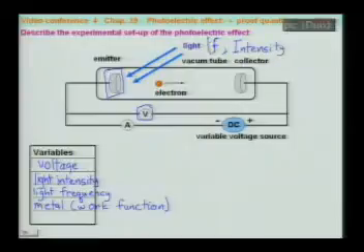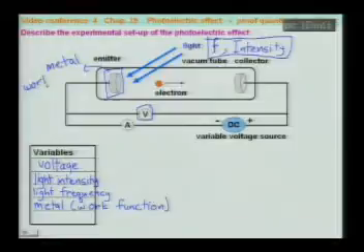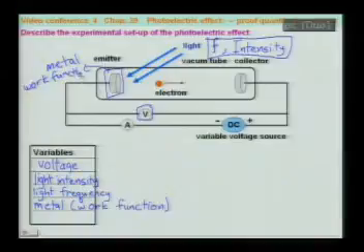So as for light, we can vary these two things, the frequency and the intensity. We can change the metal, so that we can know how work function affects the photoelectric effect.